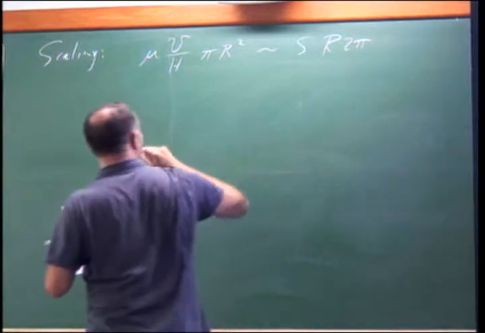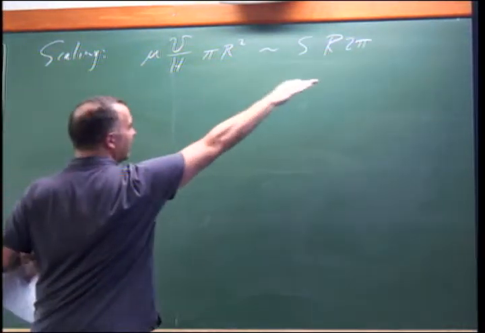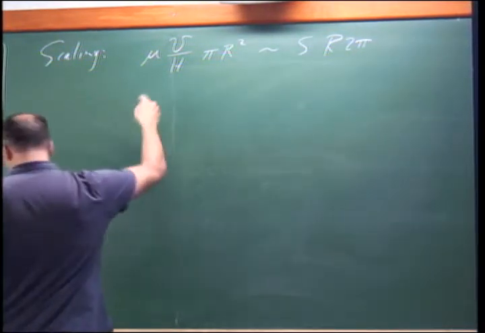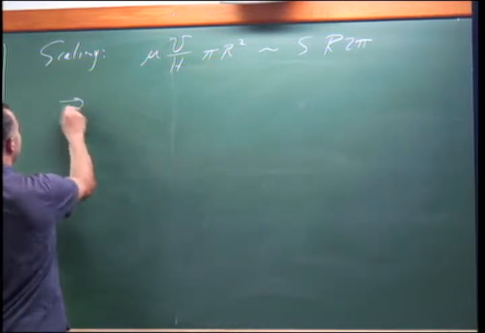Okay, so this is the balance. This is the tensile force along the perimeter of the lens, and this is the characteristic viscous dissipation.